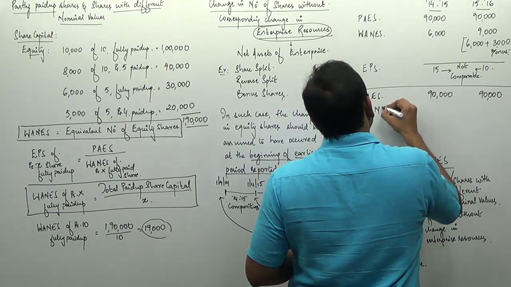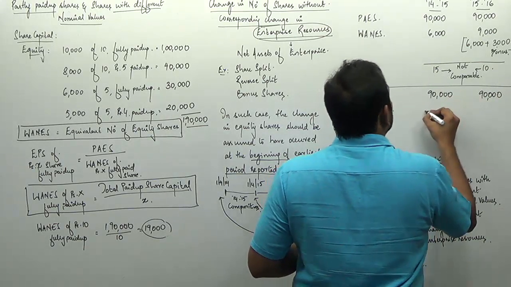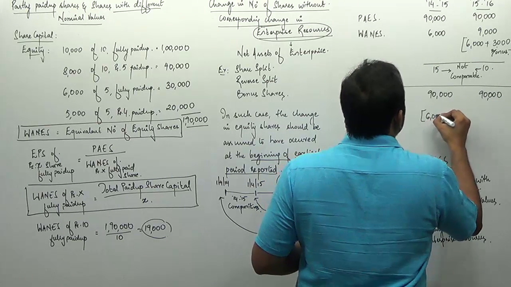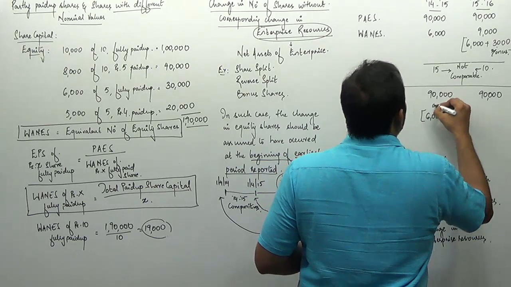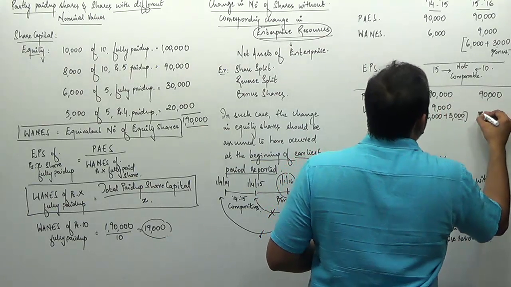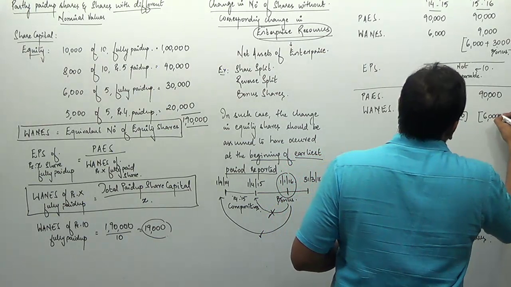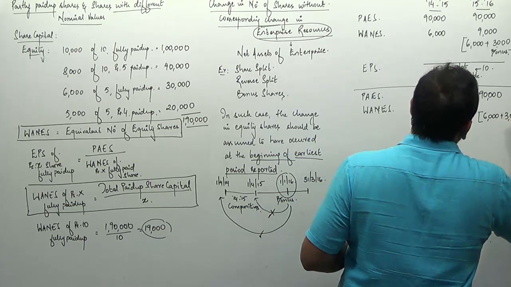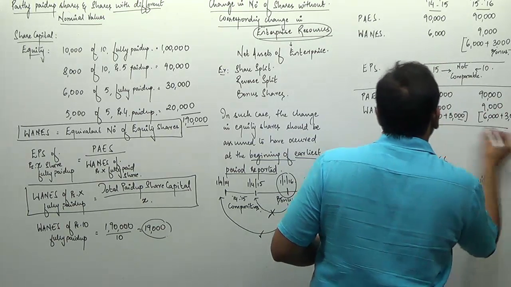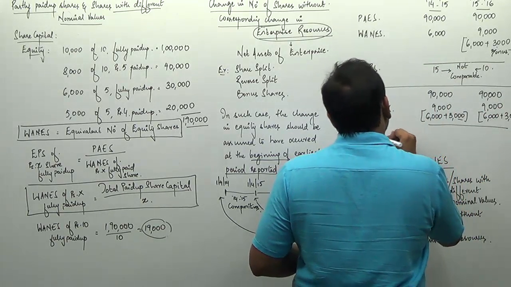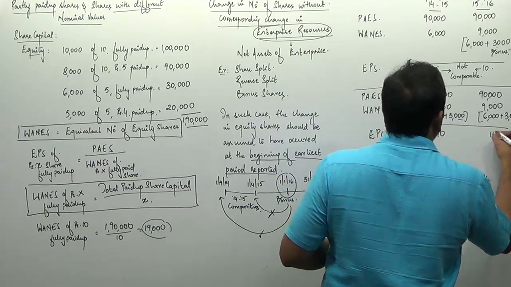But my weighted average number of equity shares is not 6,000. The 6,000 should be added with the 3,000 bonus shares. We'll assume that they have been issued at the beginning of the earliest period reported, so we will have to add the 3,000 bonus shares in both years. Now check my EPS to be reported: 10 and 10.